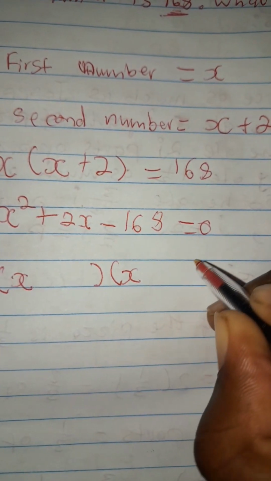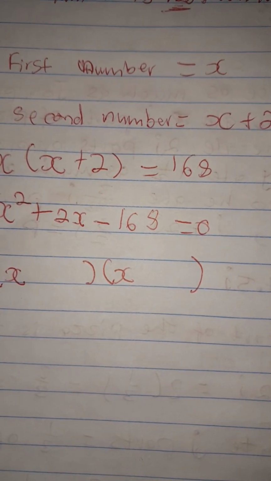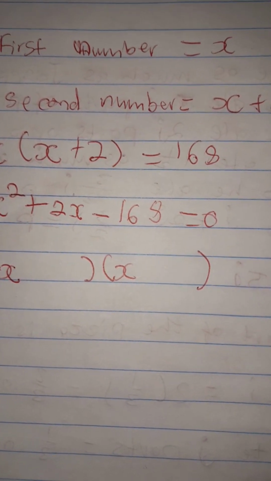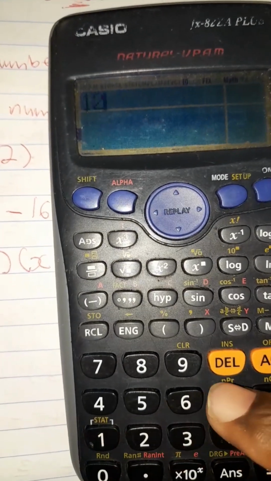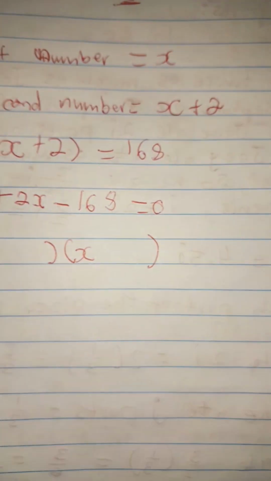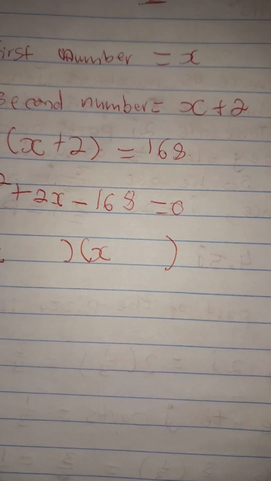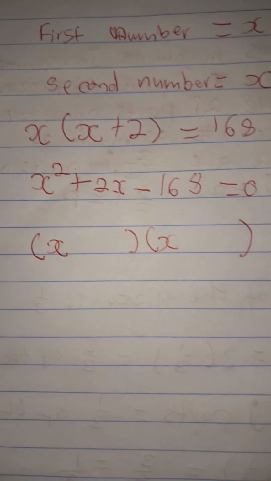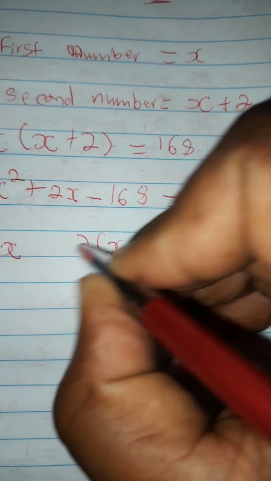So from here, let's factorize, guys. Factors of x squared is x and x. So what about the factors of 168? Let's think. 12 times 14. If we have 12 and 14, 12 times 14 will be 168. So these are the factors that can satisfy this equation. Since this is a quadratic equation and the last sign is negative, the signs will be different.